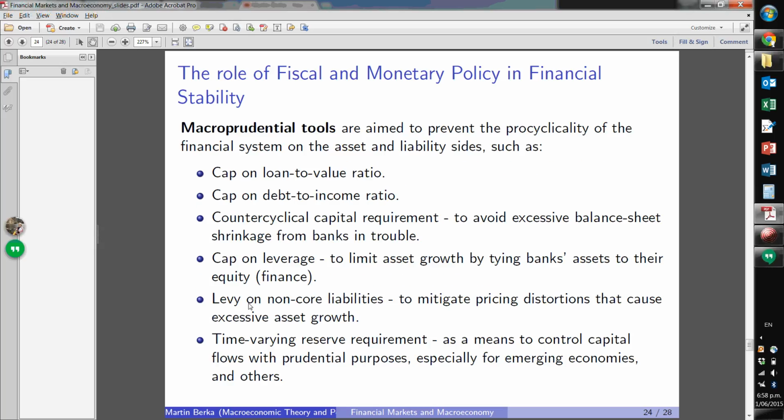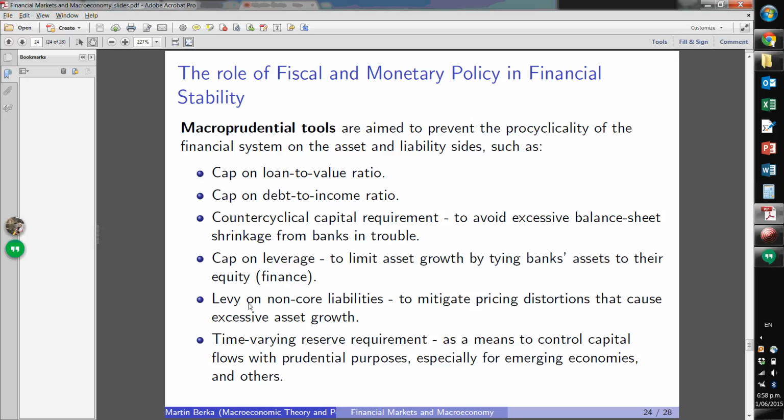Now, the macro-prudential tools are something that you need to know for the exam. So, cap on loan-to-value ratio, cap on debt-to-income ratio. We'll talk about these on the next slide. Countercyclical capital requirements. So these are the Basel Accord requirements. Cap on leverage. We will talk about that maybe on Wednesday if we have time.